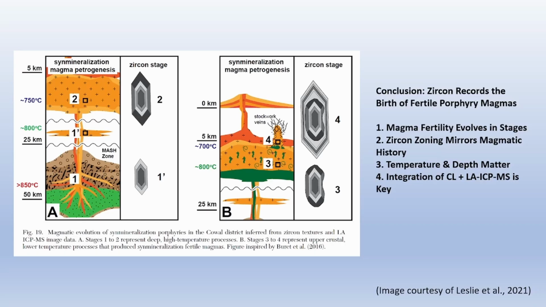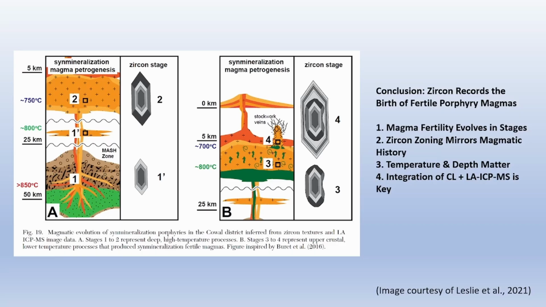And then we have a transition to stages 3 and 4. They're in the shallow crust. Temperatures could be 800 to 700 degrees. And as magma rises, it evolves, cooling, degassing, and becoming more oxidized. These upper crustal levels are where the action really kicks off.